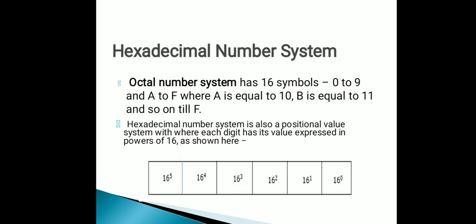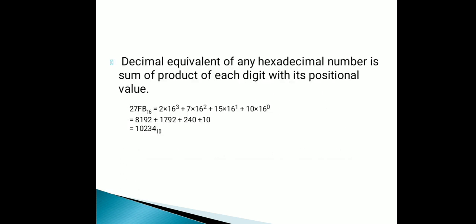So the base is 16. Now we're going to explain an example. The decimal equivalent of any hexadecimal number is the sum of the product of each digit with its positional value.